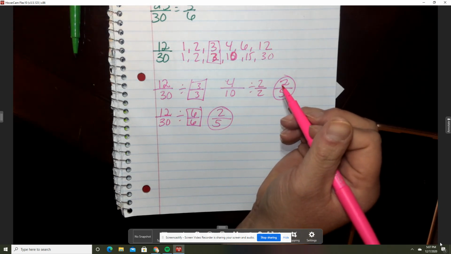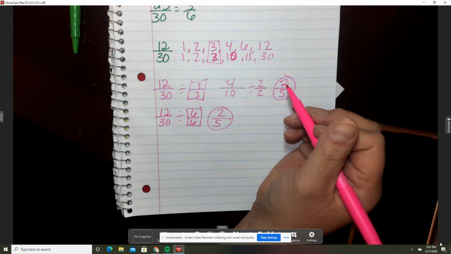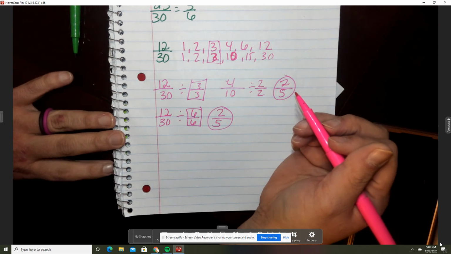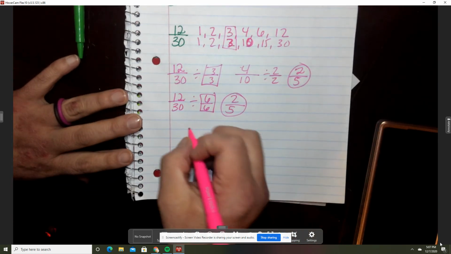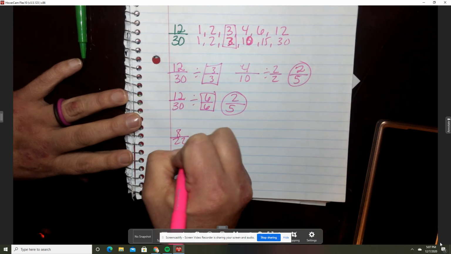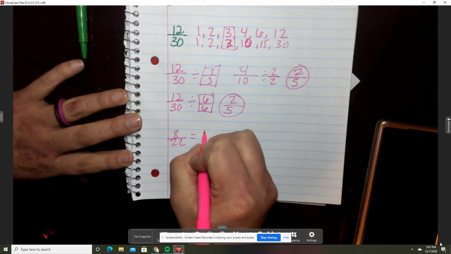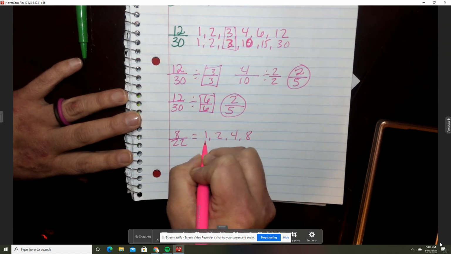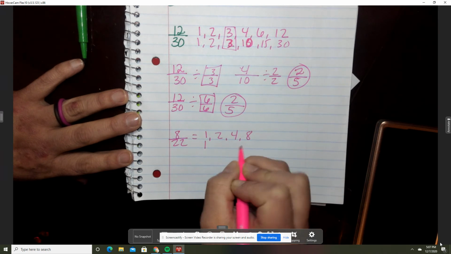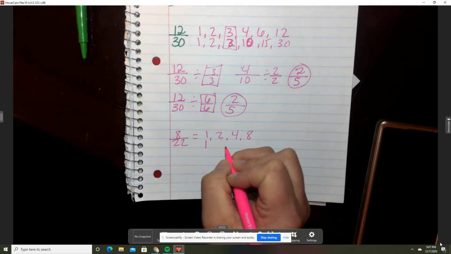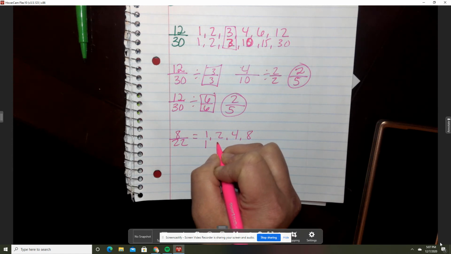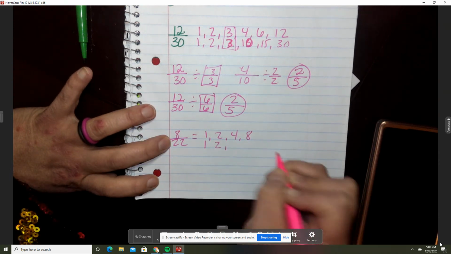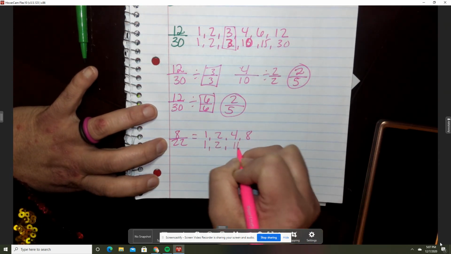Let's do another one. Let's do 8 and 22. All right, so our factors for 8 are 1, 2, 4, 8. 22 would be 1, 2, 11, and 22.